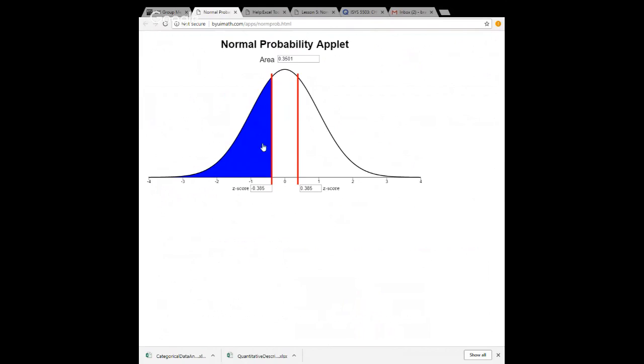Negative 0.385 to get this shaded value, because otherwise we're looking at 65%. So 0.385 times 0.07 plus 0.65.